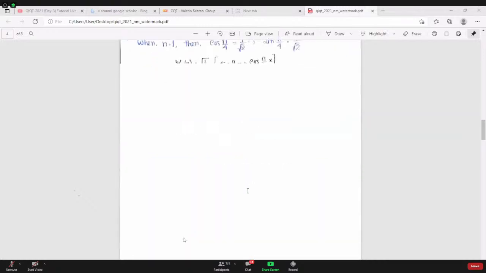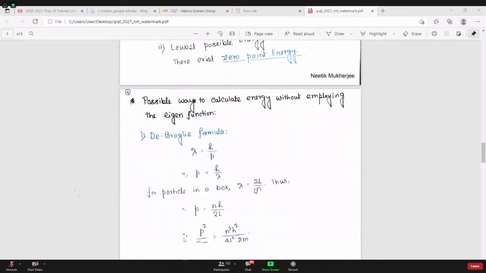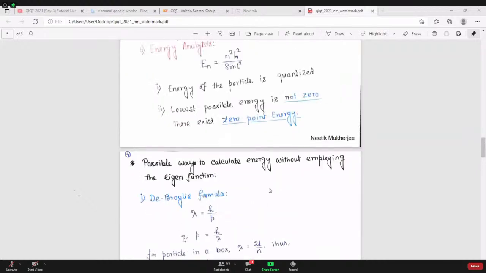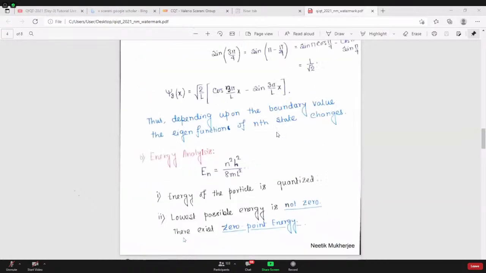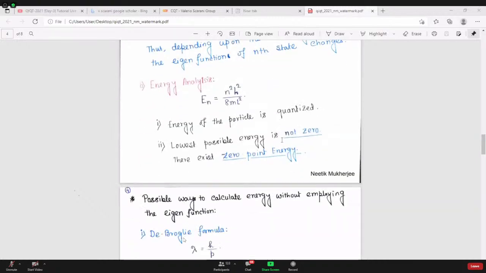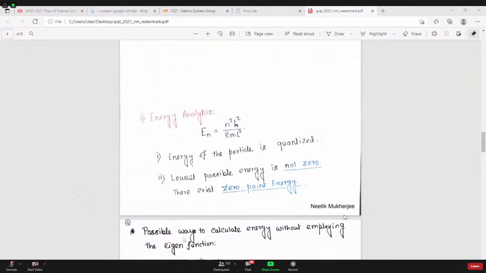Okay. Thank you, sir. Now I'm moving to the next part. What we are trying to study is that we have calculated our energy by solving an equation of a particle. But is there any other way to calculate the energy of the particle in a box? Yes, sir. Okay, tell me.